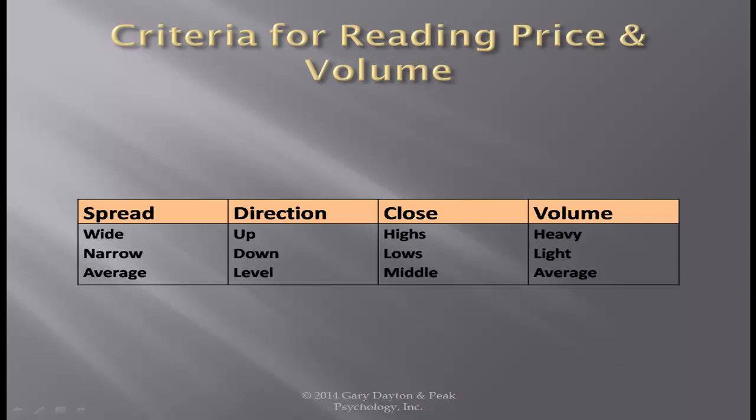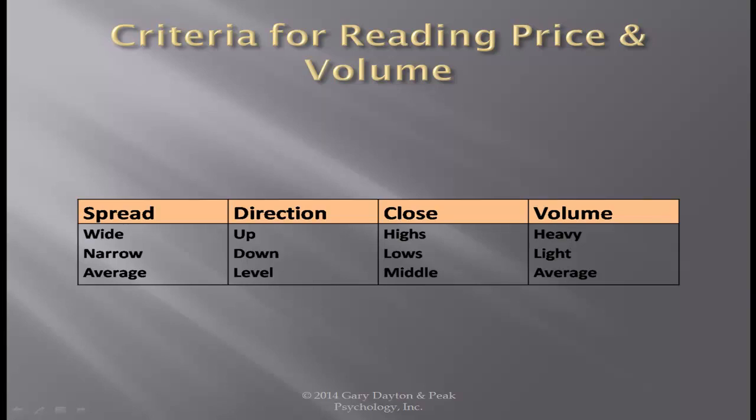We're looking at the direction, whether it's up, down, or basically level from the last close. So when we are looking at direction, we're comparing the close of the current bar with the close of the last bar. A close on the current bar that's above the last bar is an up bar.